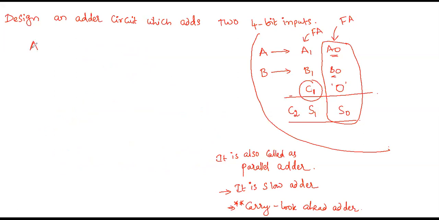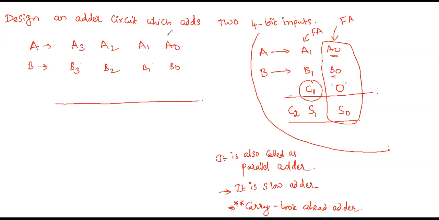So A is A3, A2, A1, A0. B is also 4 bits: B3, B2, B1, B0. Now try to add these two.